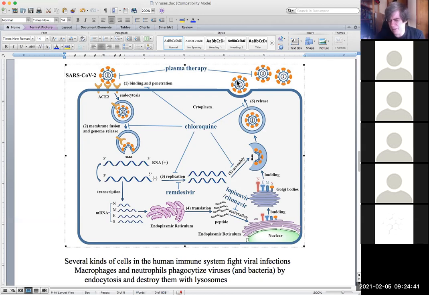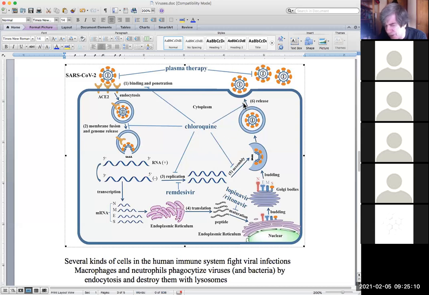Notice this chloroquine with all the lines here. You might remember this is one of the chemicals that was proposed as being a potential treatment for COVID-19 because under various circumstances, chloroquine can block some of these processes.